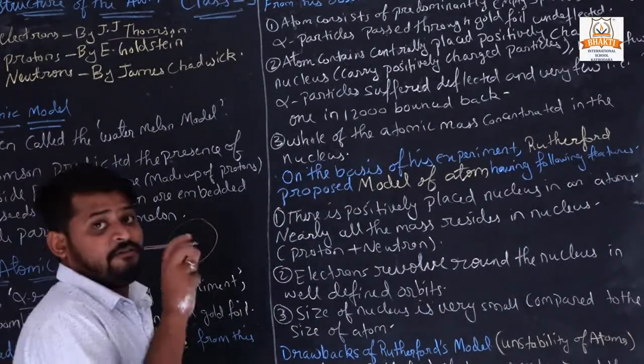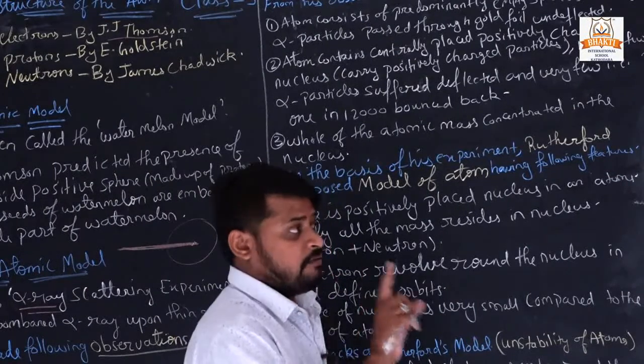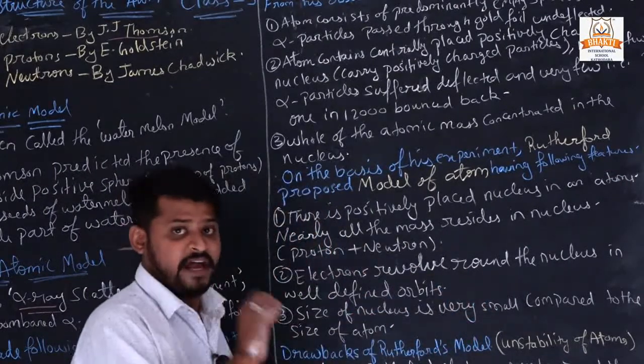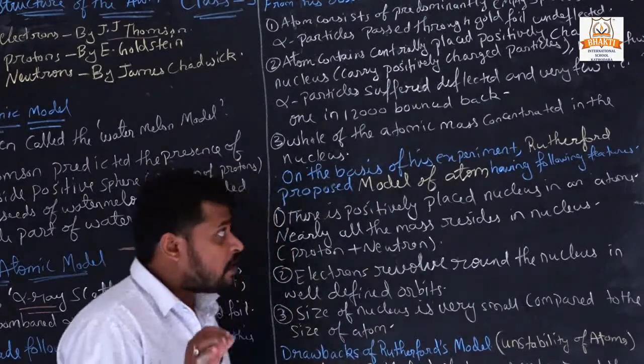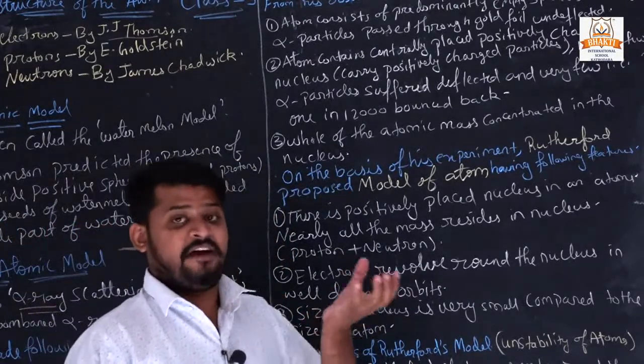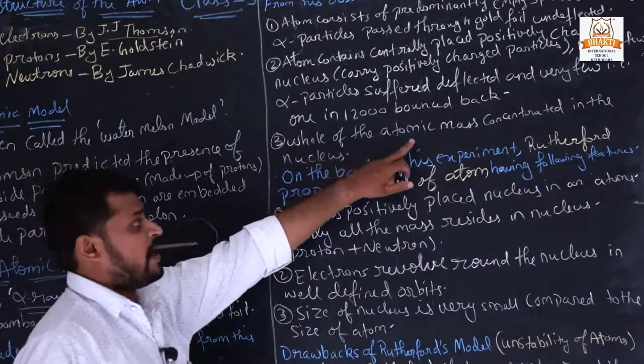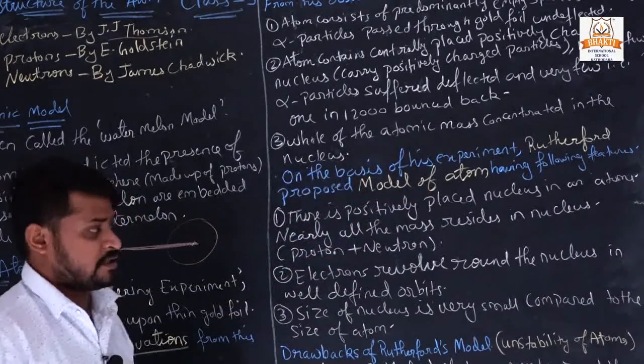From this one out of 12,000 alpha particles rebounding, he concluded that in the center of the atom there is a heavy particle present. The whole of the atomic mass is concentrated in the nucleus.